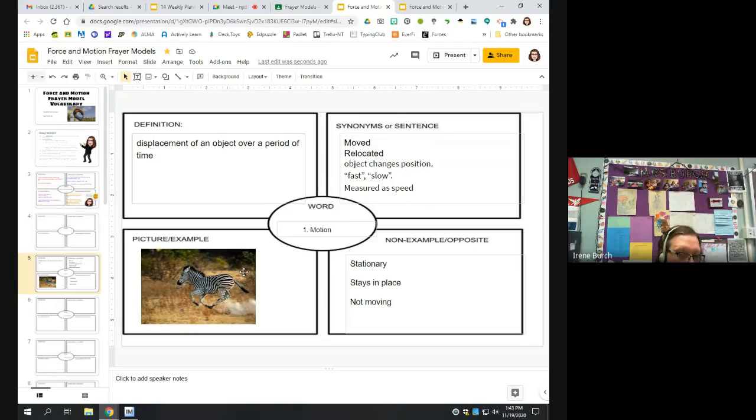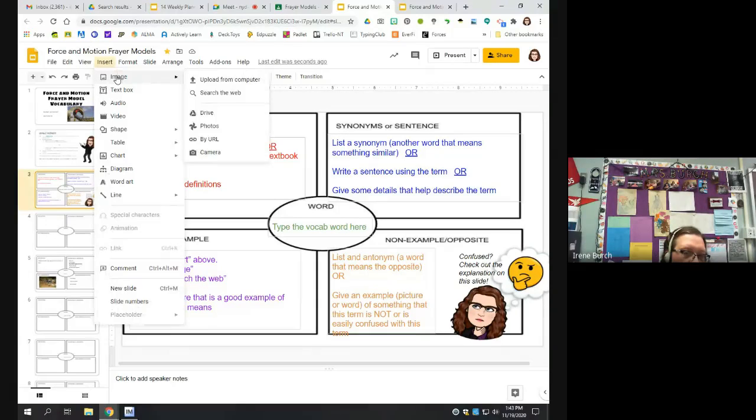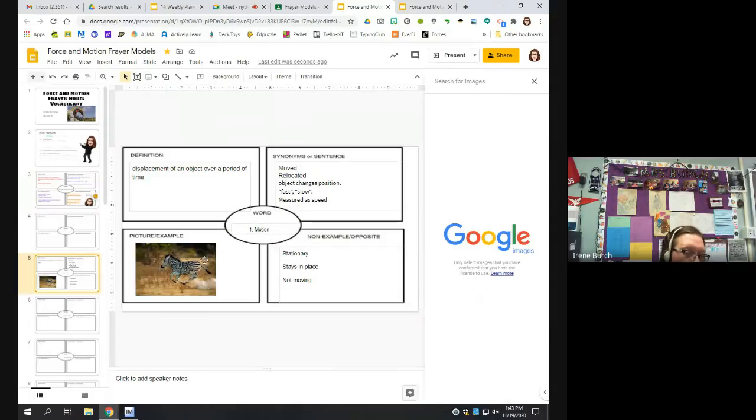For the picture, is there anyone who doesn't know how to insert a picture into a slideshow? Okay, if you forgot, the instructions are on slide 3. You go insert, image, search the web, and then pick one that's appropriate.